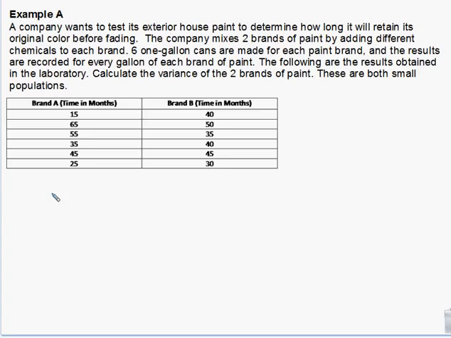Whereas if you say it lasts on average 5 years, but you have a really huge variance, one person's going to grab a can of paint that's going to last 15 years and they're going to be happy. But somebody else is going to grab a can of paint, it's going to last 6 months and they're going to be mad. And your customer service, like your reputation as a business, is going to be in the toilet. So that's one of the reasons why variance is an important thing to look at, because you want everything to be closest to the average if you're talking about the reliability of a product.